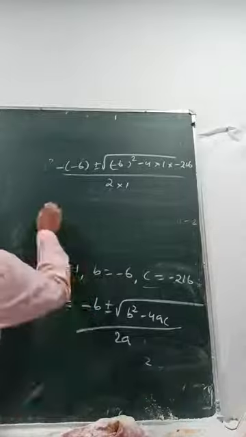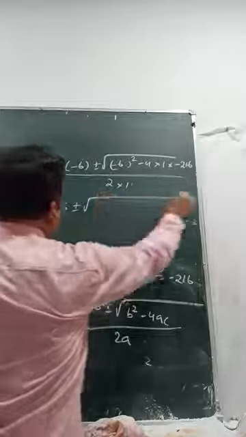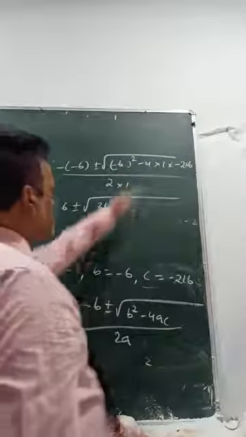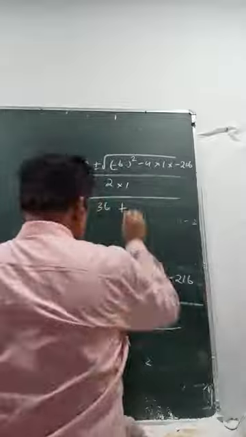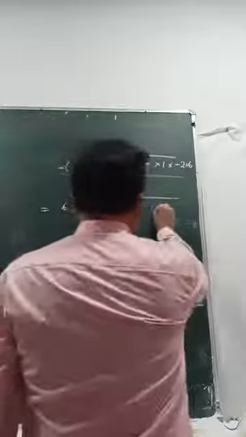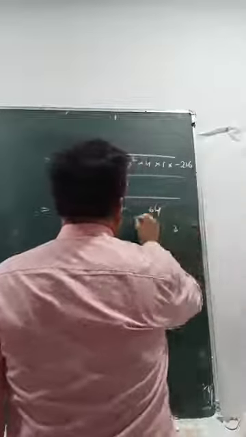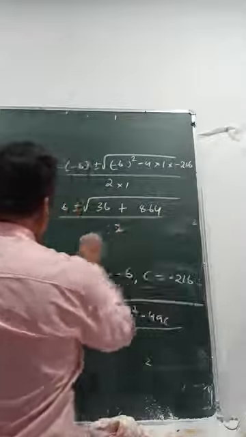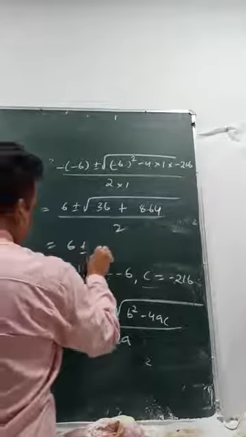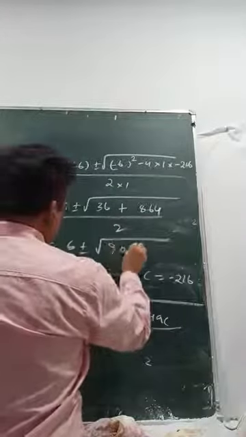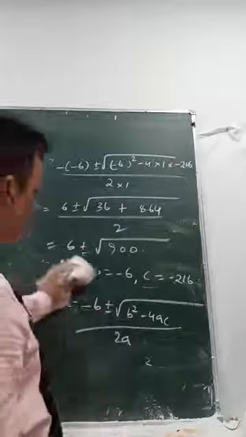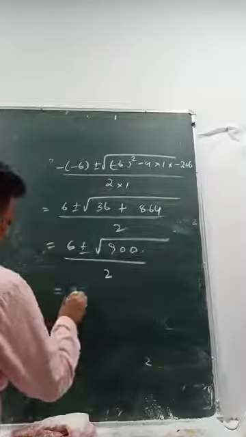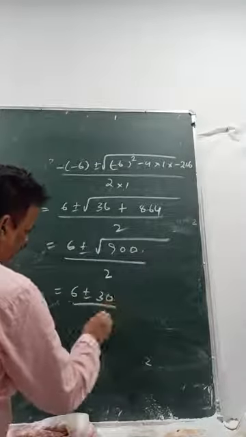So how much you got? 6 plus minus, square of minus 6 is 36, minus into minus is plus. So it is how much? Divided by 2. So 6 plus minus, this is 900. I have given you the table. 900 means 30, divided by 2. So 6 plus minus 30 by 2.